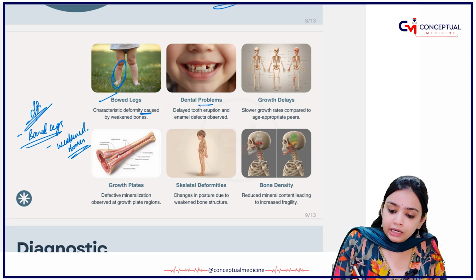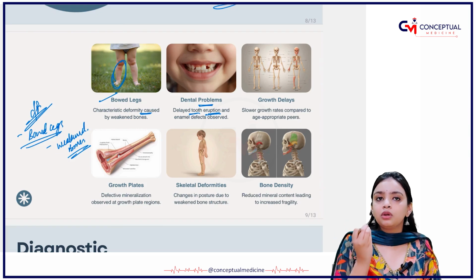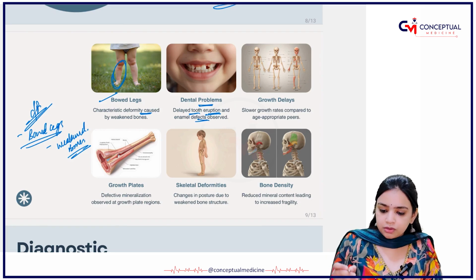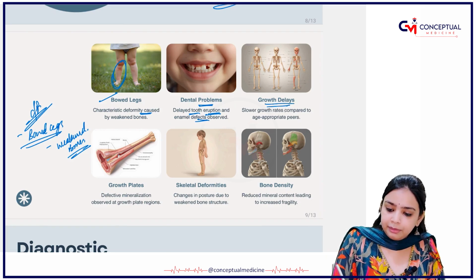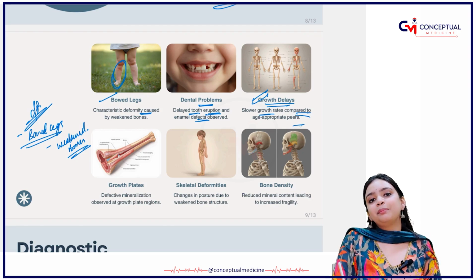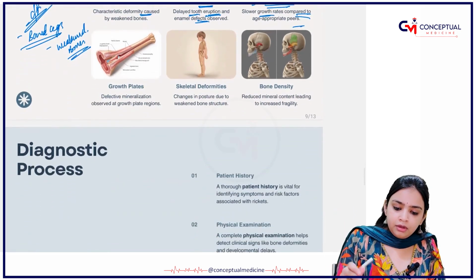Then you have the dental problems, like delayed tooth eruption. The tooth will take a lot of time to come out, right? Then there will be dental enamel defects, and then there will be growth delays. There will be a slower growth rate compared to people of the same age.